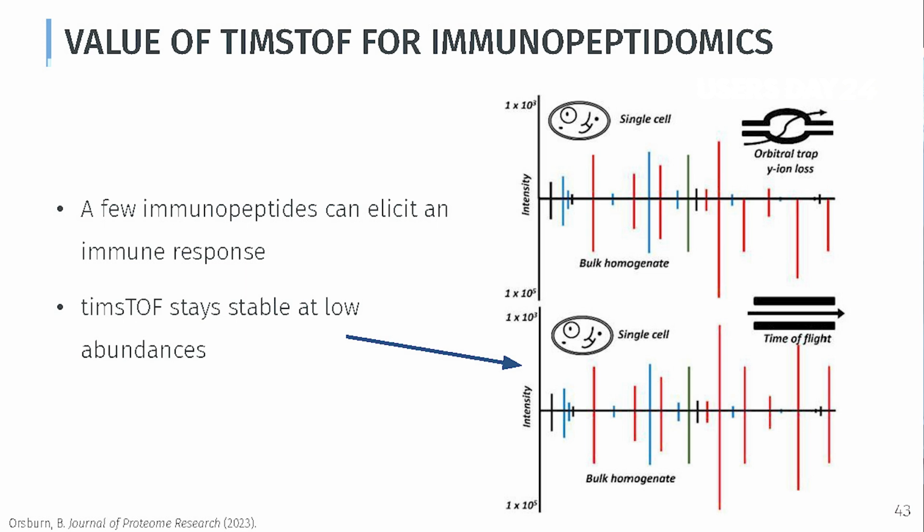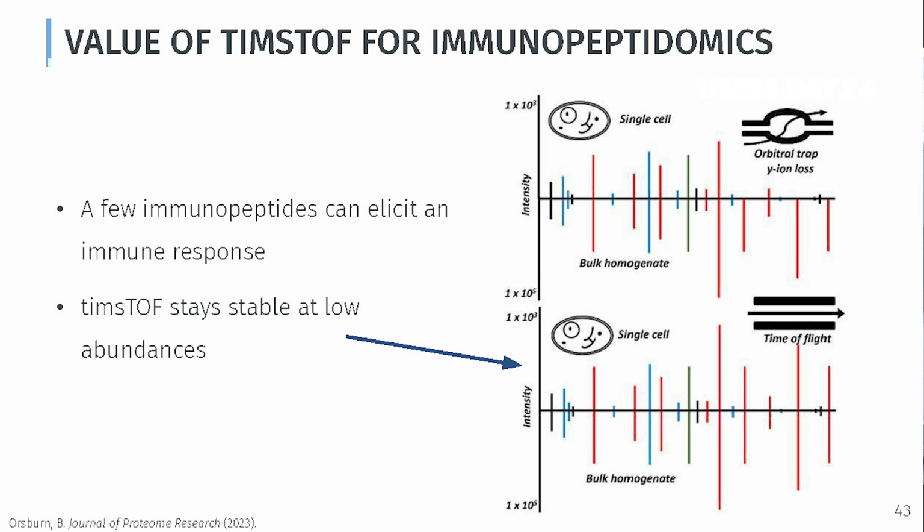The one at the top, if you look all the way at the right, has some difficulty with identifying or measuring these high mass peaks, while the different method on the bottom can still measure these even for single cell data, so very low abundance data.